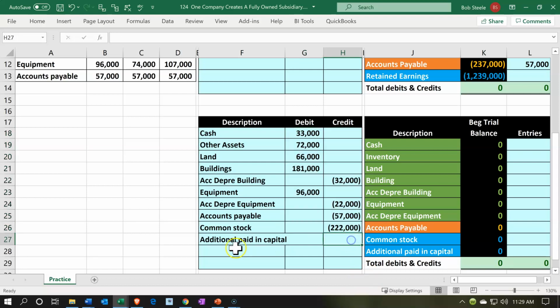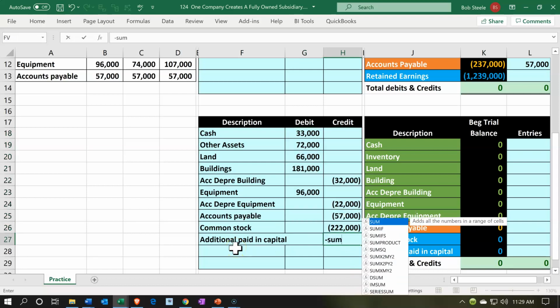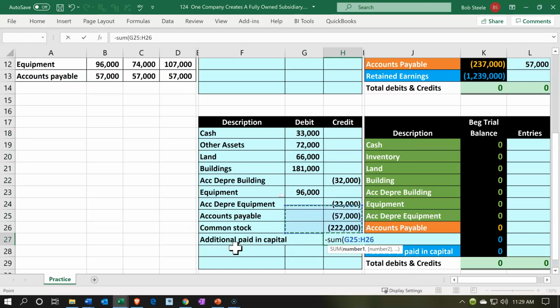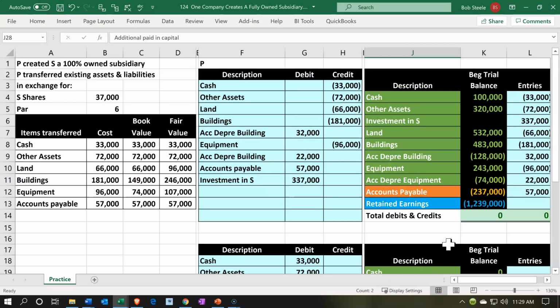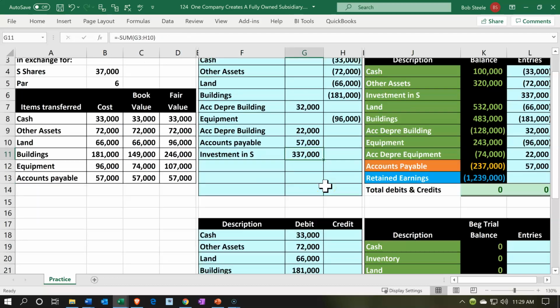That's our plug formula. So negative sum of that, and that's going to give us our 115. And of course, these two numbers now represent the 337,000 that's going to go into the blue equity section here, which is represented on P, parent's books, by the investment in P, the 337,000.